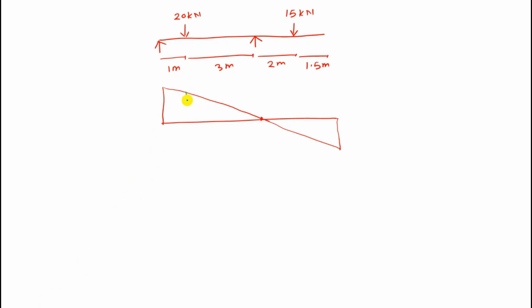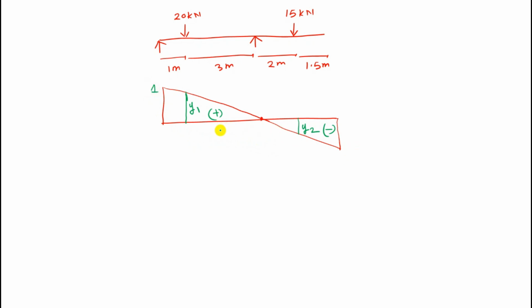Now this vertical line you have to calculate. Suppose this is y1, and this vertical line, suppose this is y2. This is positive and this is negative. So this value is 1.